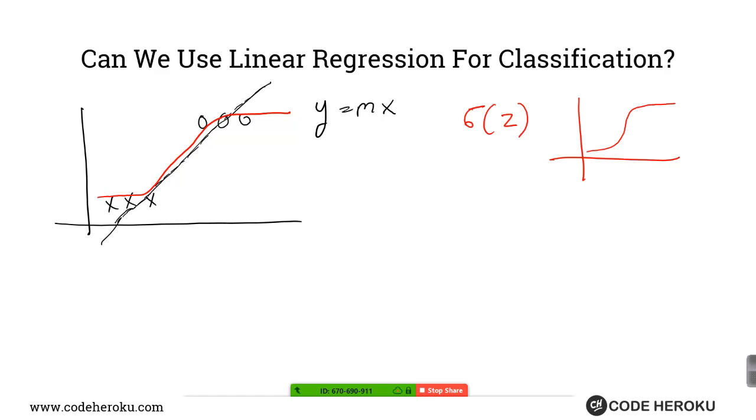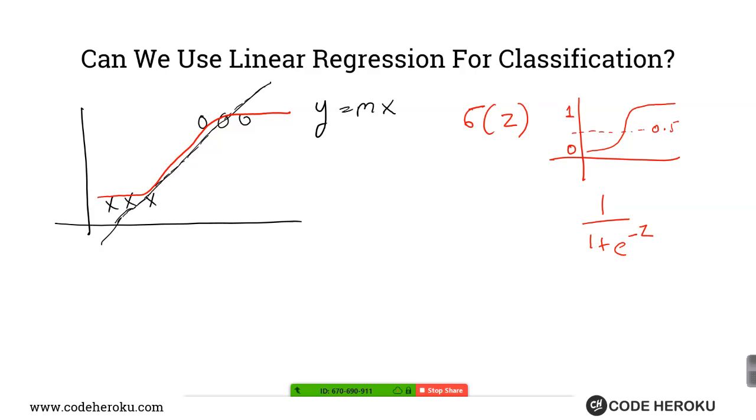So 0, 1, and here's the equation of this model. Instead of y equals mx plus b, if we have a model of this form, do you think it will work much better just intuitively?